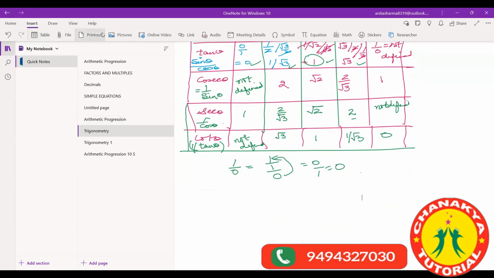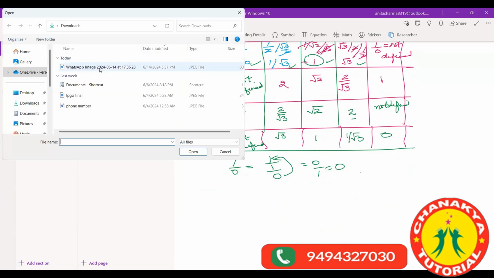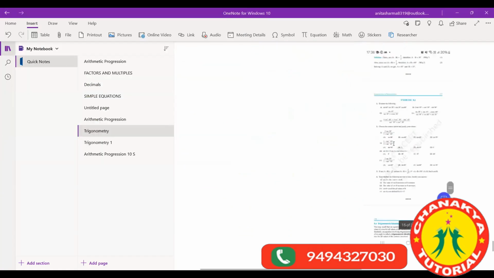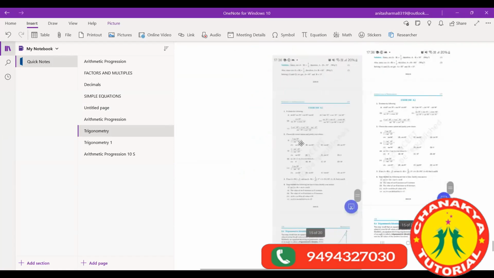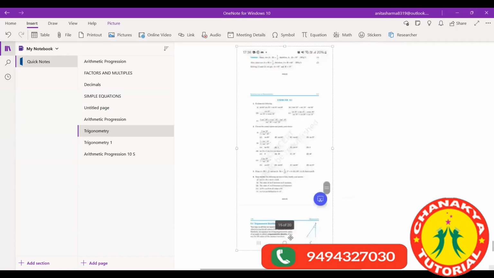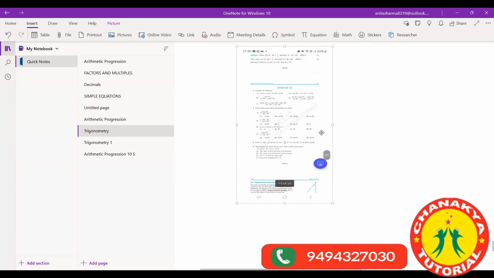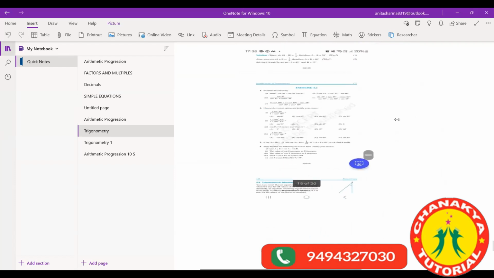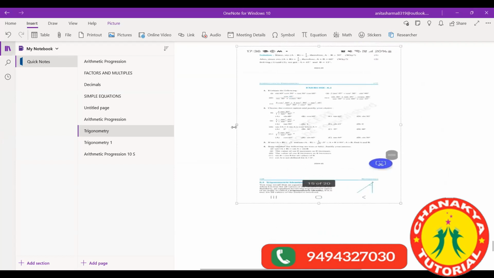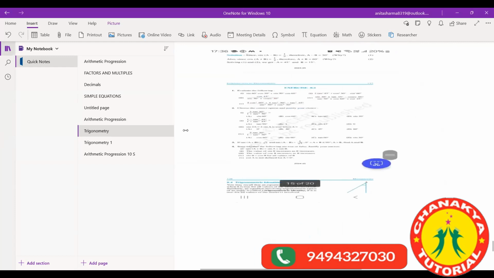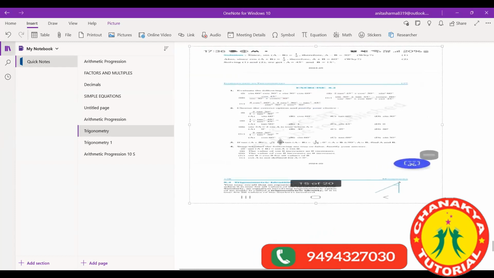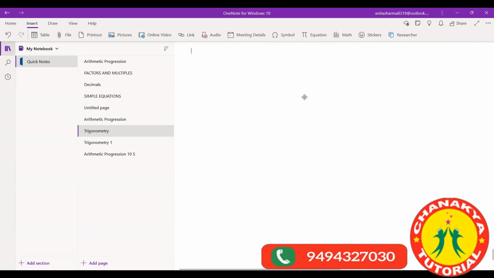Okay. Now next is your NCERT questions, beta. Is it visible, beta? No, ma'am. Still it is not visible. Okay, just wait.